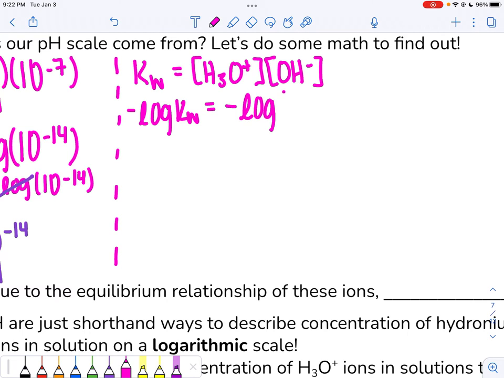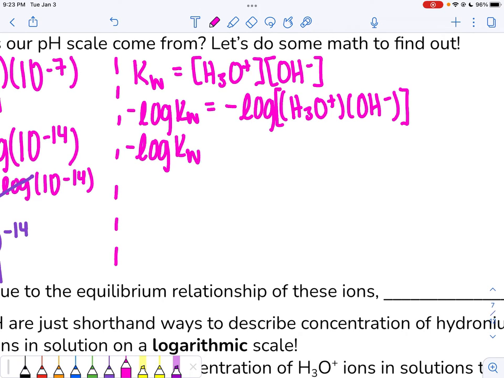Negative log of Kw is equal to the negative log of H3O plus times OH minus. Properties of logarithms say that if I have a log expression with something multiplied inside of it, I can separate that out into two logs.